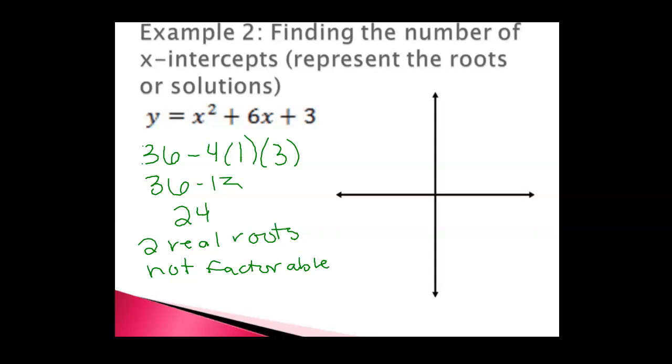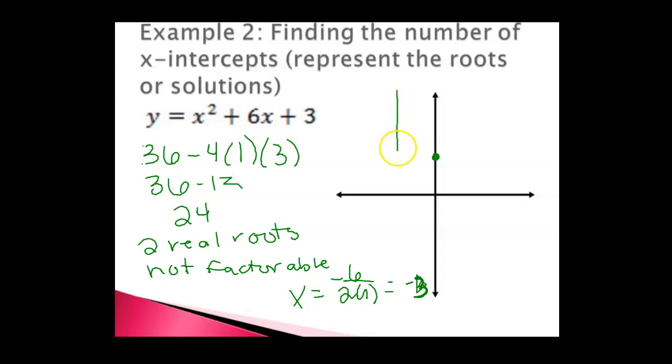So this graph has a y-intercept of 3. It has an axis of symmetry at x equals negative b divided by 2a. So it is symmetric about the line x equals negative 3.